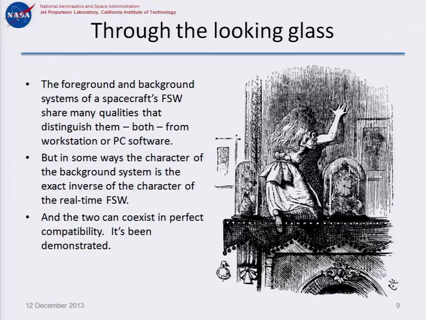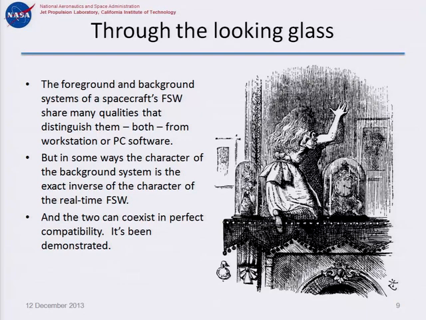And so in that sense, and here's the conceit of the presentation, this background system, the second system of the flight software, is similar in many ways to the real-time flight software, but in some ways it's the exact inverse of what we do in flight software in real-time systems.